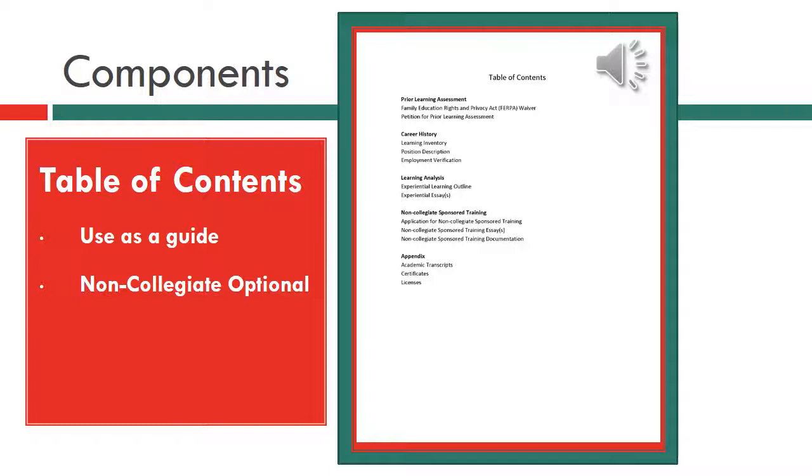And if you do utilize non-collegiate sponsored training, then this is the section of your portfolio that it will go in. The last is going to be the appendix, and it's going to be where you're going to include your academic transcript, your certificates, and your license. But again, you're going to use this table of contents as a guide to show you exactly what needs to be included in your portfolio.